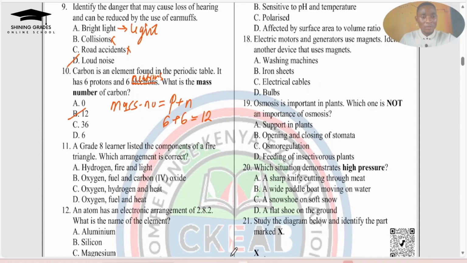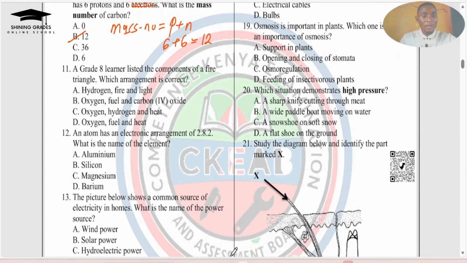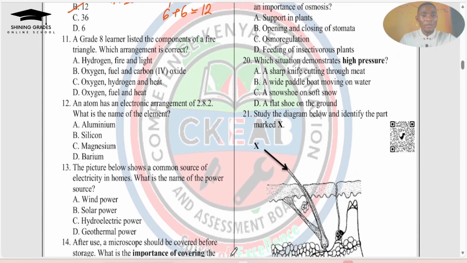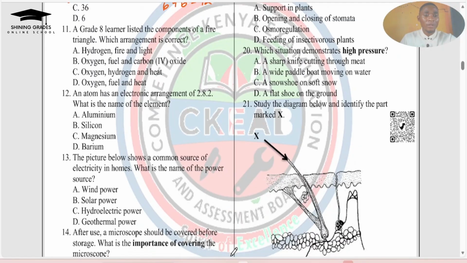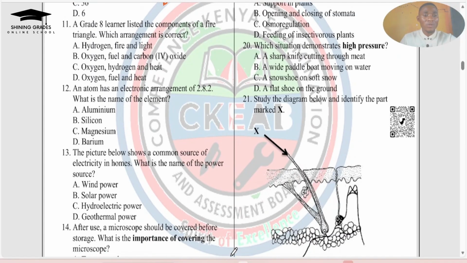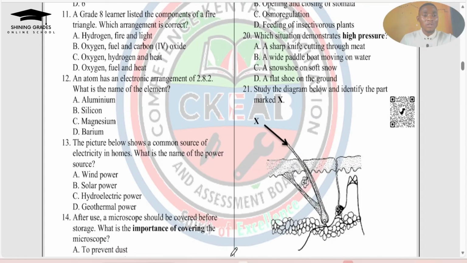Moving to the next question, question 11. A grade 8 learner listed the components of a fire triangle. Which arrangement is correct? We have hydrogen, fire, and light; oxygen, fuel, and carbon dioxide; oxygen, hydrogen, and heat; oxygen, fuel, and heat.